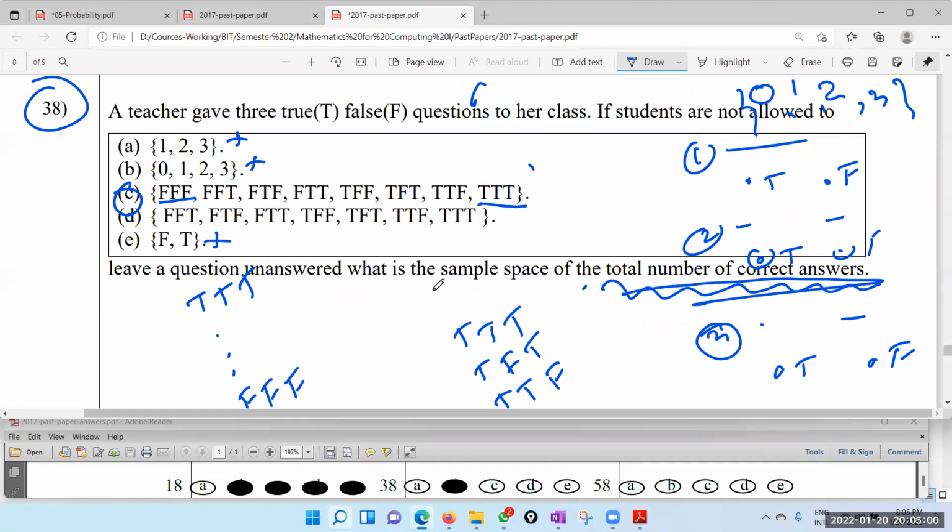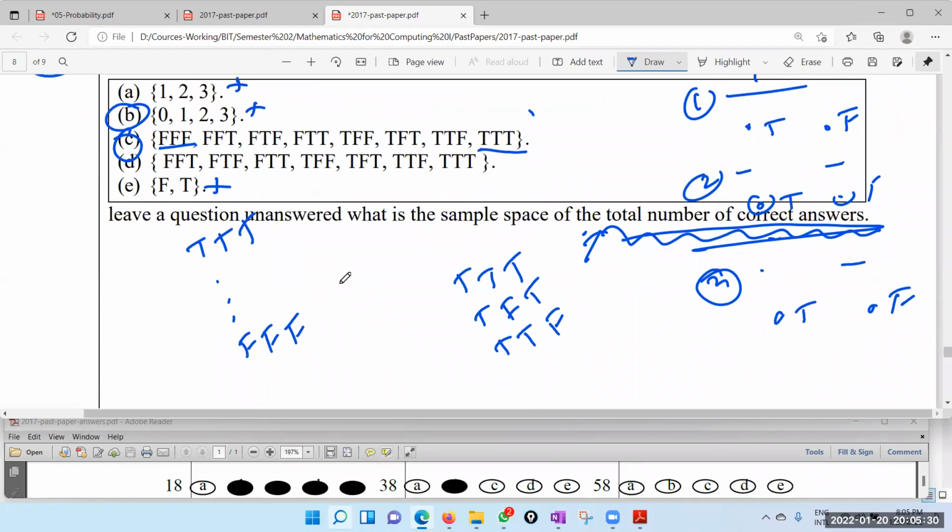I read this part, but I forgot to read it because it says answers, so I missed that. Okay, right. So the total number of correct answers: none of those are correct, all three are correct, and only 1, 2, and all. So the answer is B, because it's the total number of correct answers. Right.